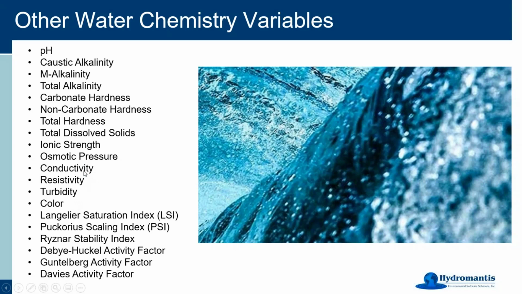All these calculations are really important, and depending on what type of water you want to produce, some of this may be more important than the other. We also do calculations for some of the important indices. For example, Langelier saturation index, Puckorius scaling index, and Ryznar stability index.